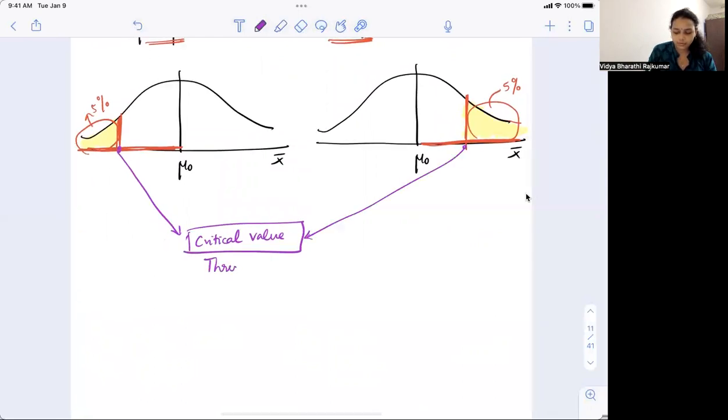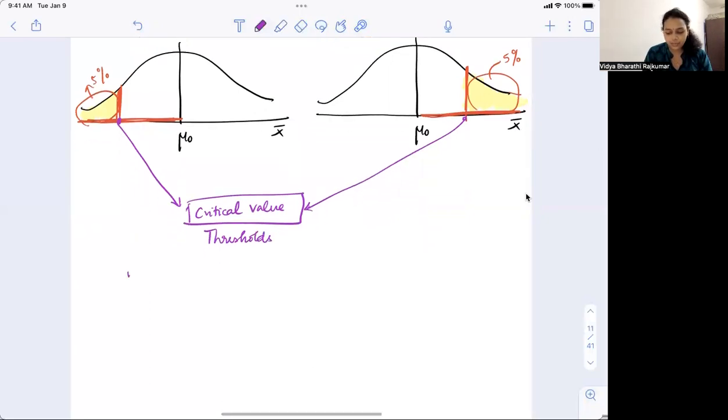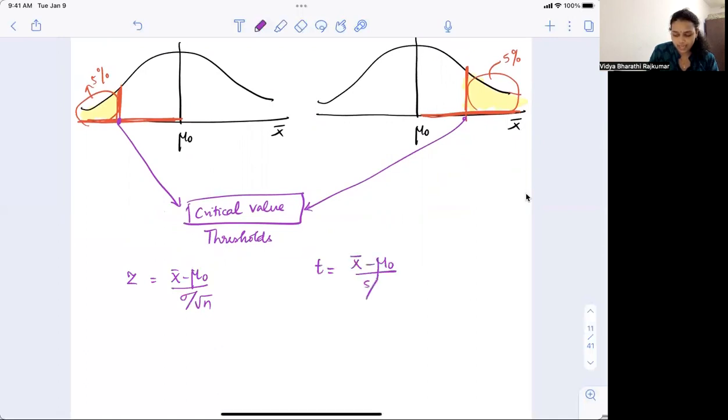Oftentimes those thresholds will be referred to as either z or t. And z will be written down as x bar minus mu naught by sigma by root n. Sometimes you'll have another expression, x bar minus mu naught by s by root n.